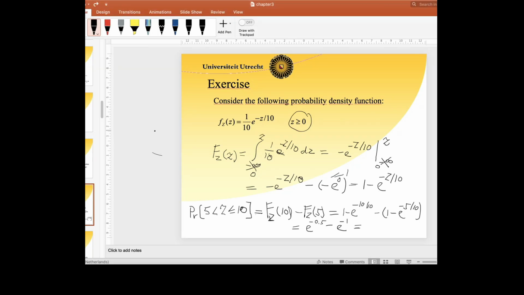Okay, let's do this on my own. Sorry, I'll just do this on my own. It's easier if we do it in Excel. exp of minus 0.5 minus exp of minus 1 gives 0.239. Okay.